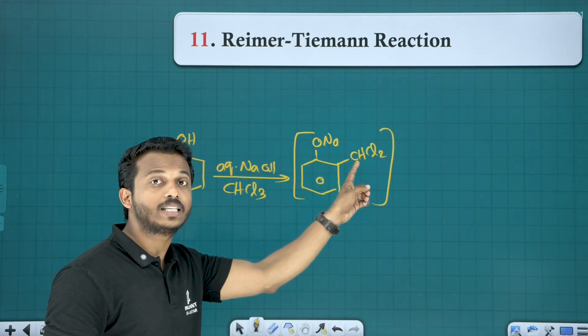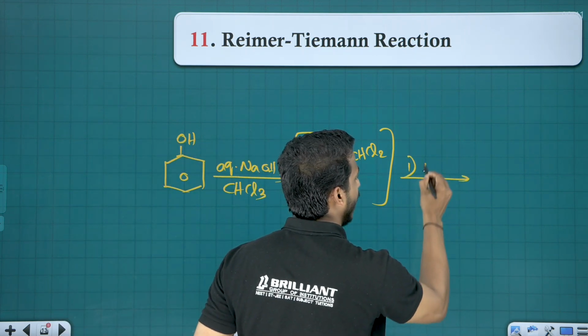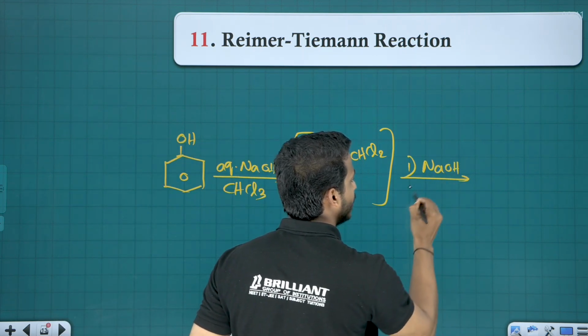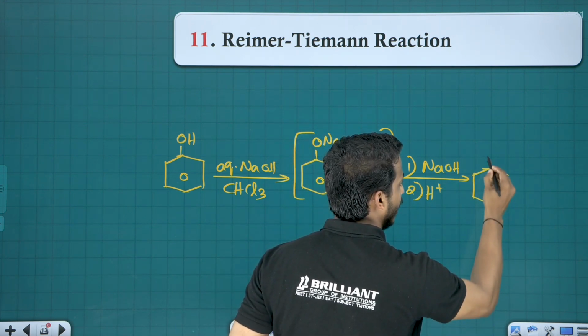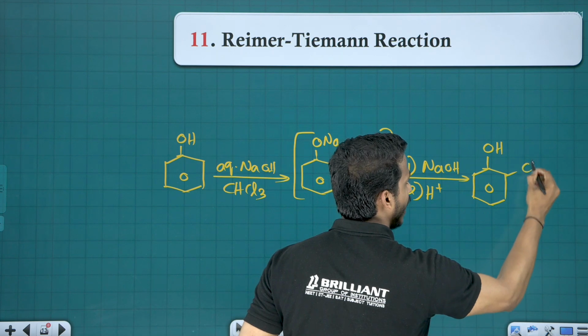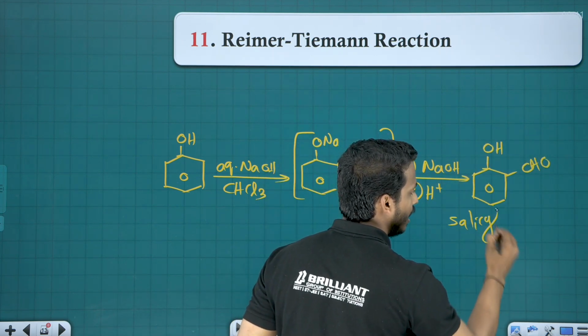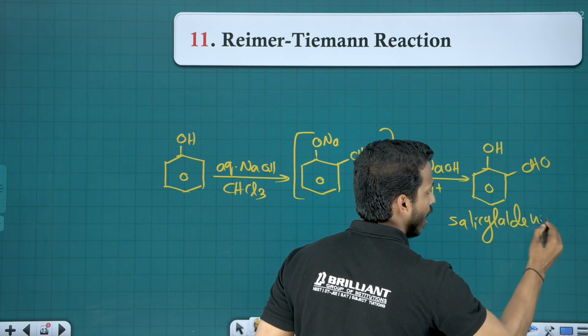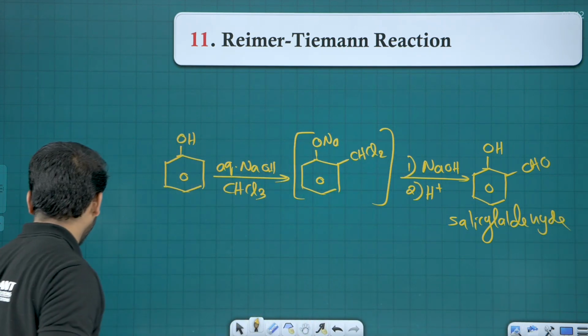Then we treat with NaOH again, followed by acid. We get salicylaldehyde, which means OH and CHO adjacent. So don't forget Kolbe and Reimer-Tiemann.